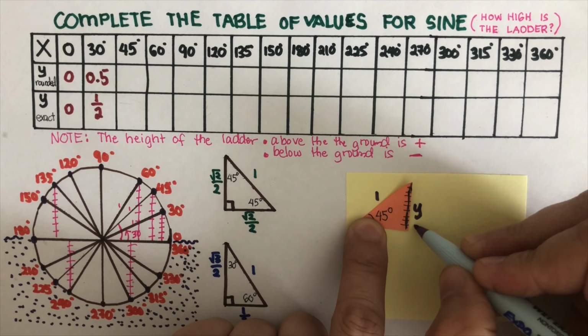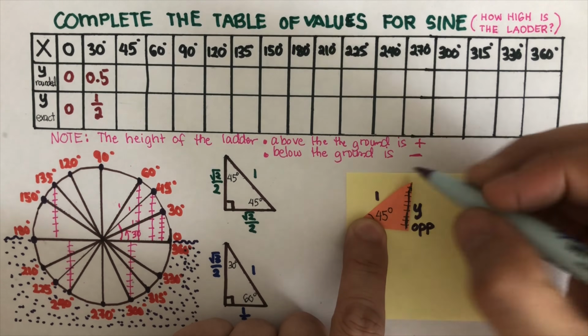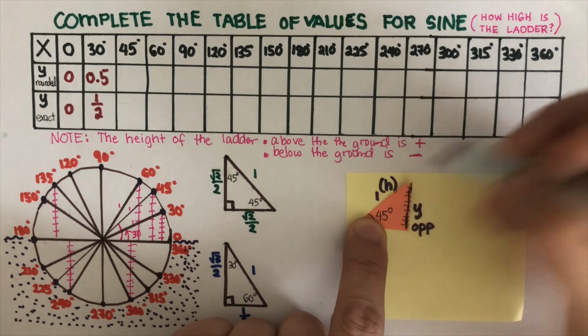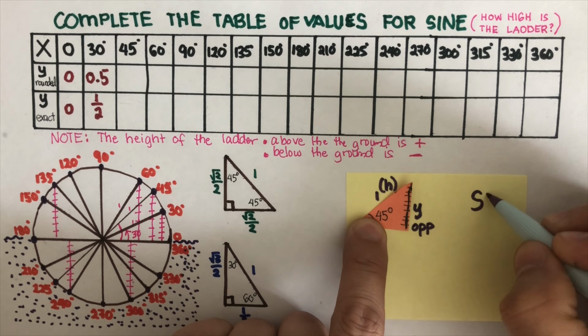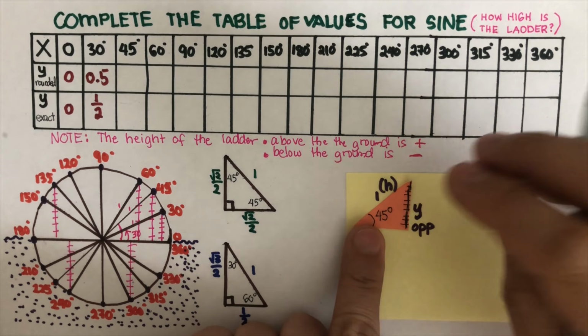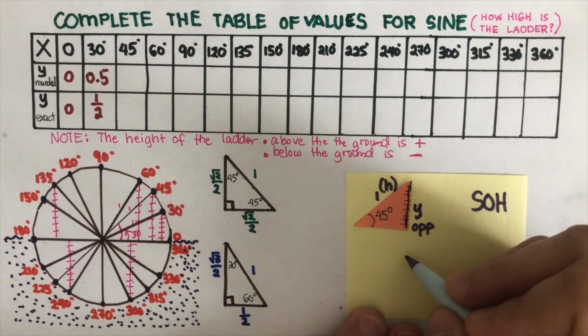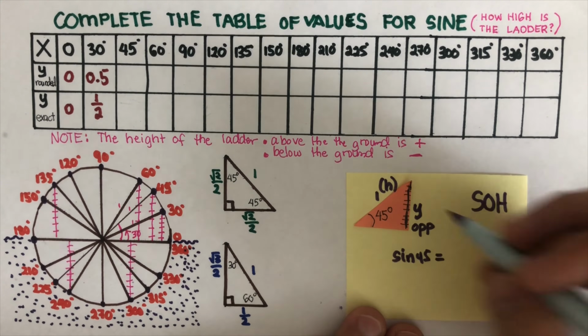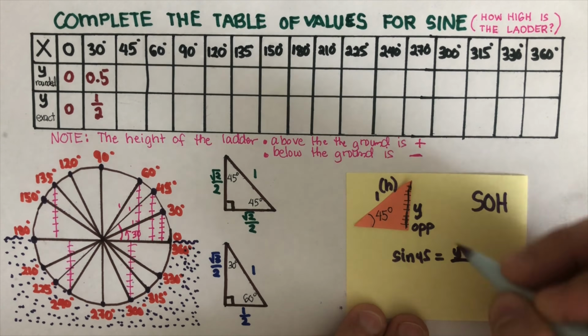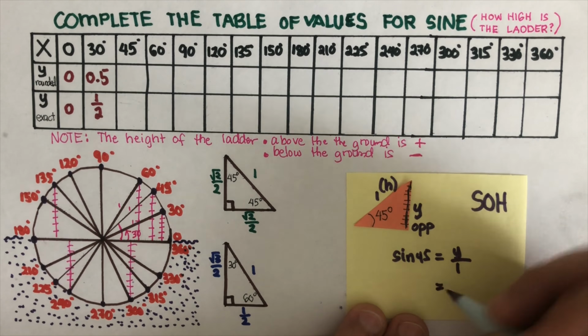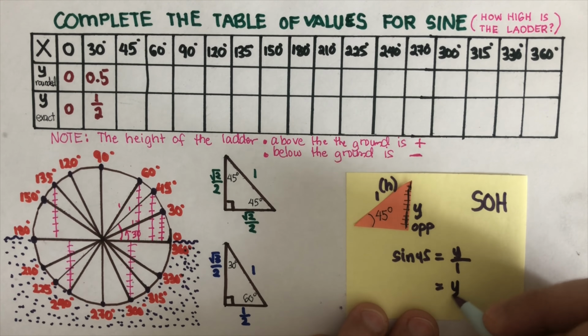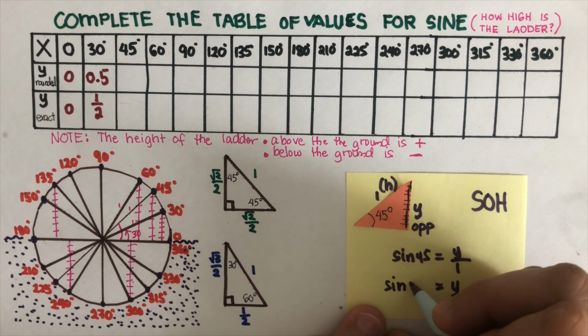So this is actually the opposite of 45, and this is the hypotenuse. So again, we are going to use SOH for this. To set it up, that would be sine 45 equals opposite, which is y, over hypotenuse, 1. So then we can go ahead and say y is equal to sine 45.